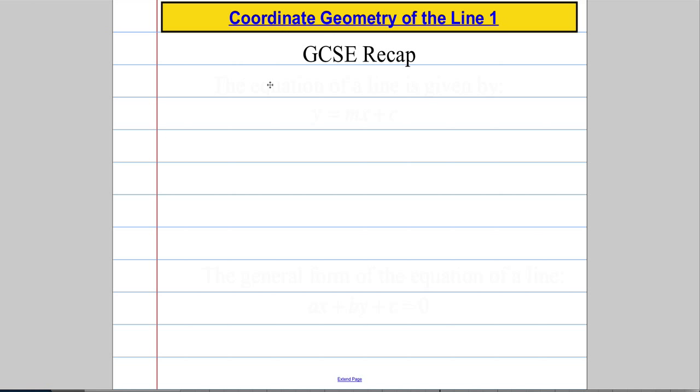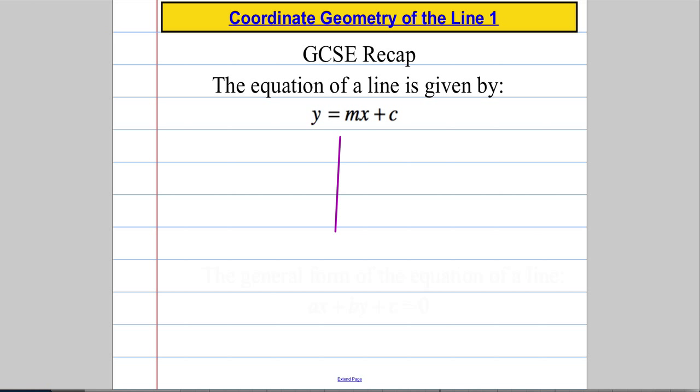First thing is that the equation of a line is given by the formula y equals mx plus c. Let me do a very brief sketch of what's going on here. Suppose we have an axis like so, and we have some line y equals mx plus c.